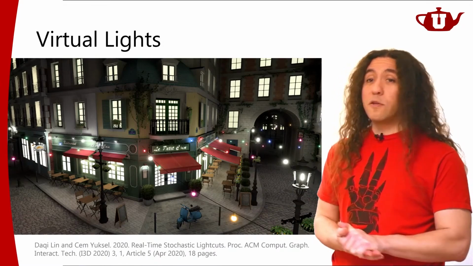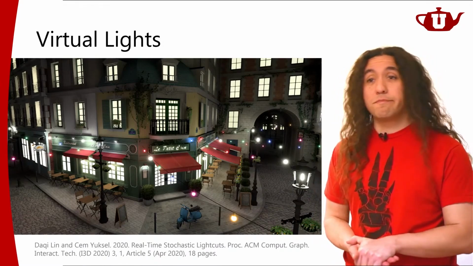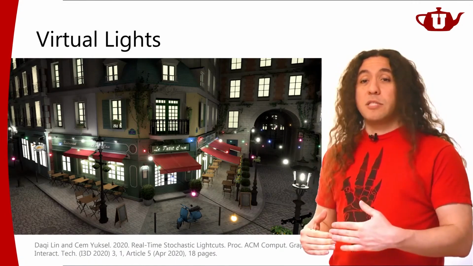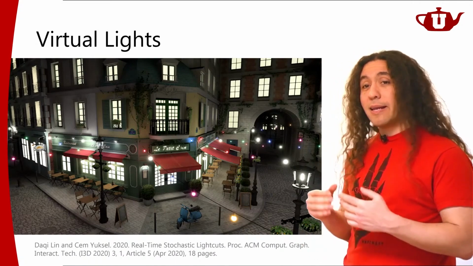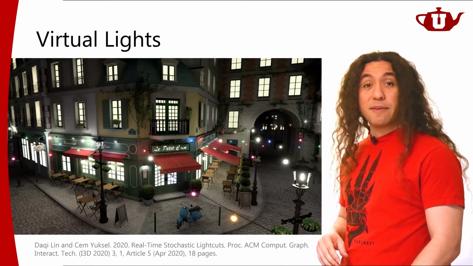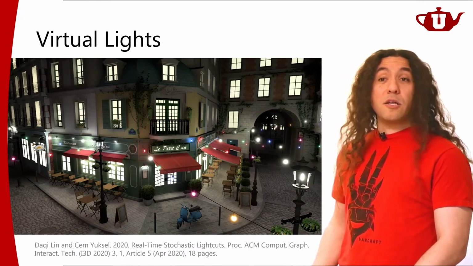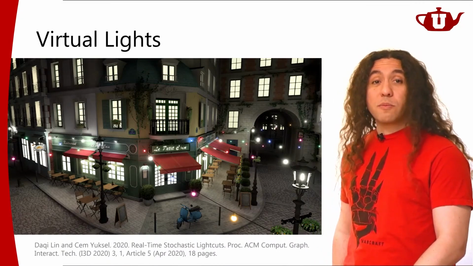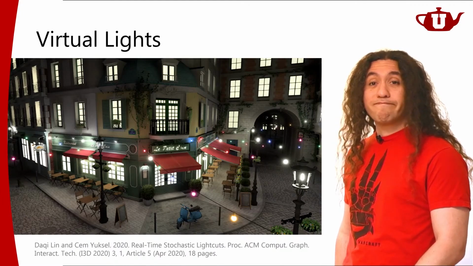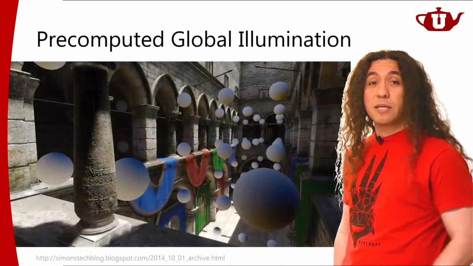So what if you don't have that budget? What if you're targeting lower-end GPUs that cannot quite afford such expensive lighting evaluations? What can you do then? If you don't use global illumination, things are not going to look right. So you need to have some sort of global illumination.